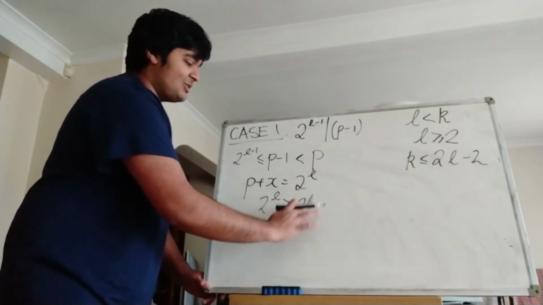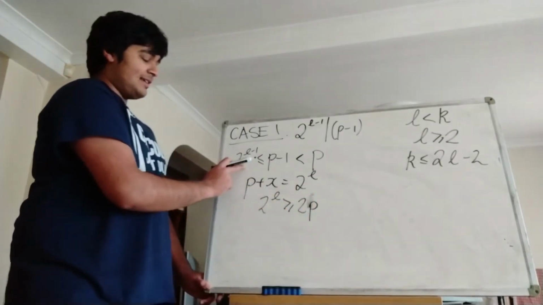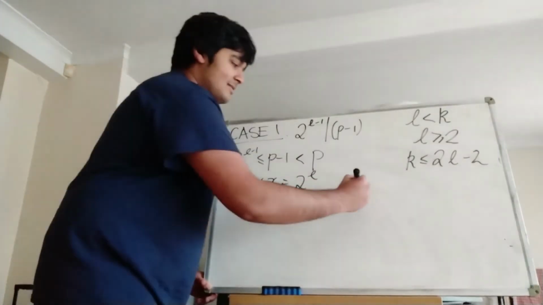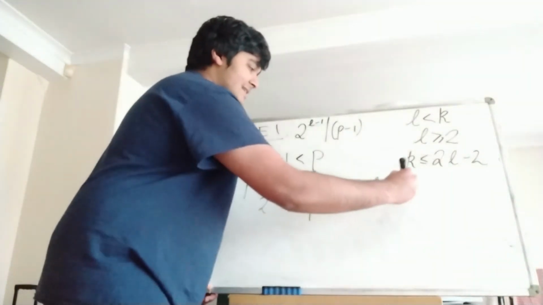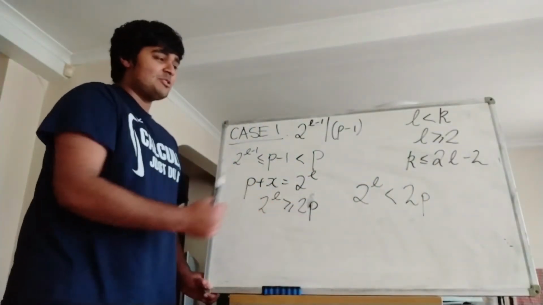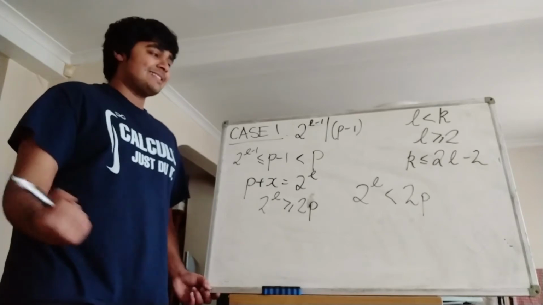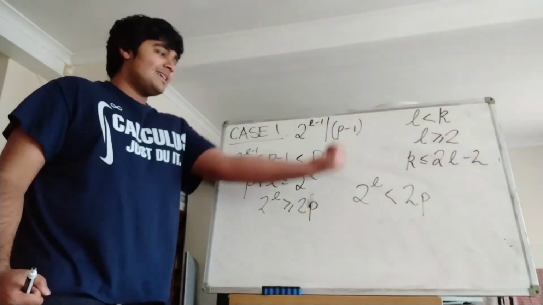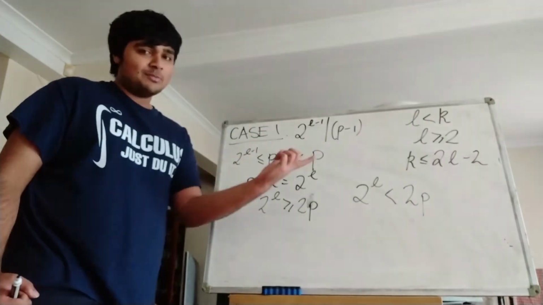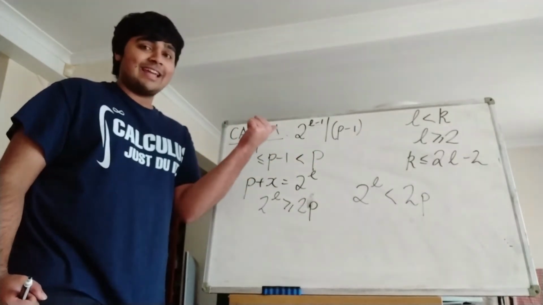Not 2^p, just 2p. But then if we look at this inequality here, we have that 2^(l-1) is strictly less than p, so certainly that means that 2^l is less than 2p, and we have a contradiction, because 2^l can't be bigger than or equal to 2p, and simultaneously be less than 2p. Okay, so this situation doesn't exist, so the only other case is that 2^(l-1) divides p + 1. Let me clean the whiteboard and we'll look at that case.